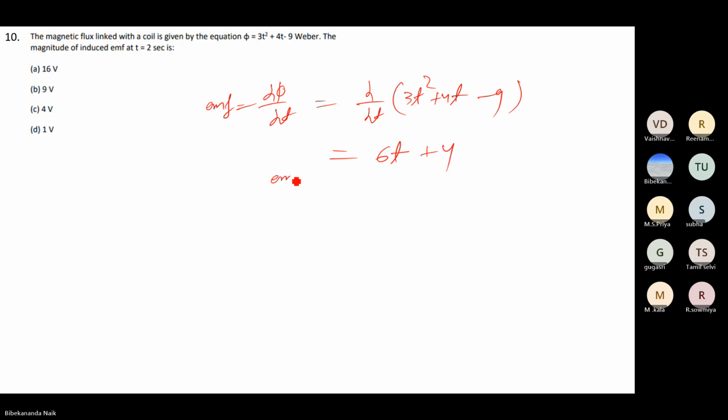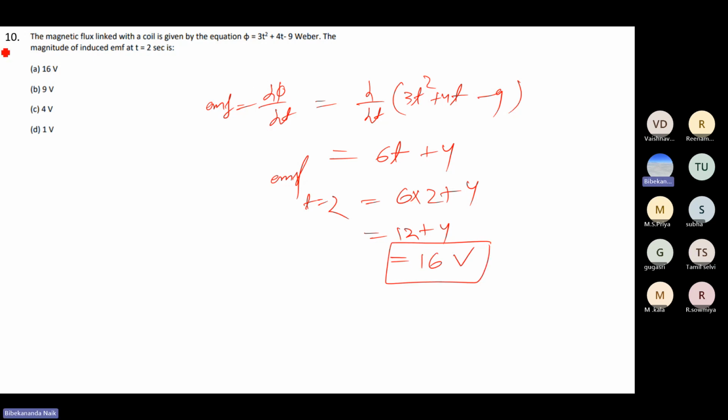At t equal to 2, it will be 6 into 2 plus 4, 12 plus 4, which is 16 volt. So the EMF induced in the coil will be 16 volt.